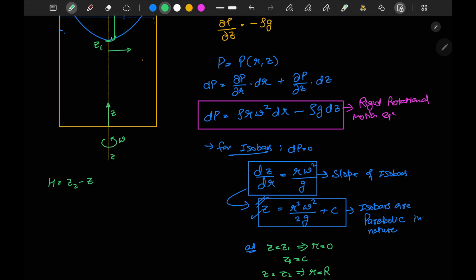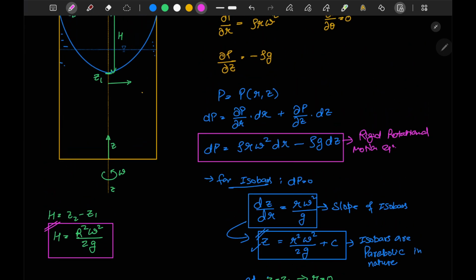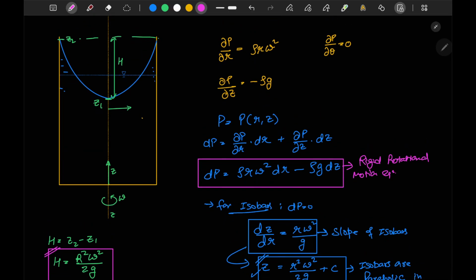If I do z2 minus z1, only this term will be left: h is equal to R square omega square by 2g. So this is a very important relation in rigid rotational motion, and with this equation we can calculate the height of this surface.